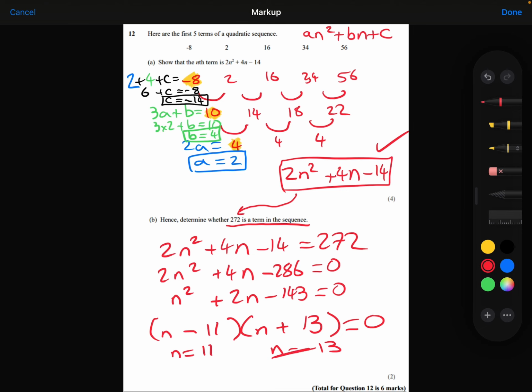It doesn't make sense to have minus 13 terms, but it does make sense to have 11 terms. So we can now say, yes, 272 is the 11th term in the sequence. And we're done.